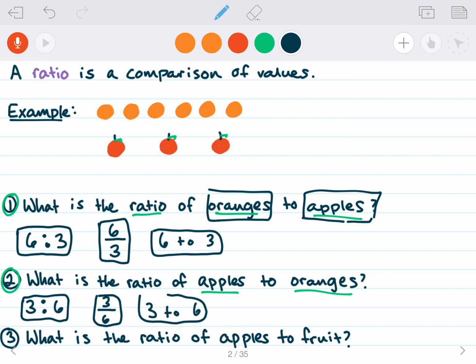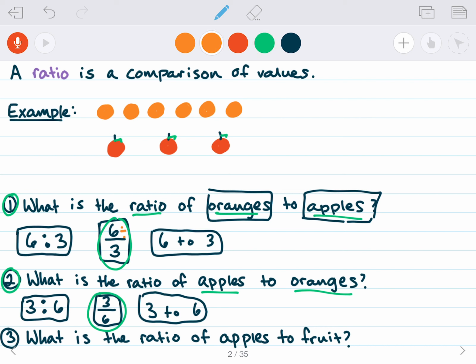And before I move on to number 3, I want to mention that, since ratios are fractions, we can reduce them. And typically you're going to be asked to reduce these ratios fully. So how do we reduce 6 over 3? Well, to get an equivalent fraction, we divide top and bottom by 3 to fully reduce it.